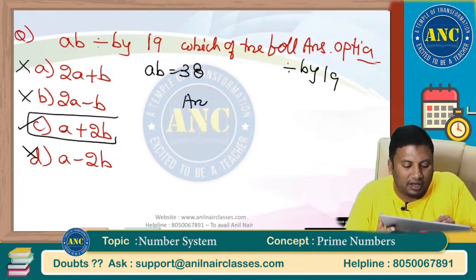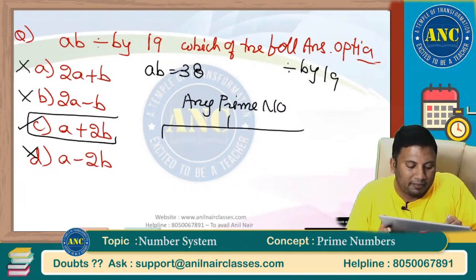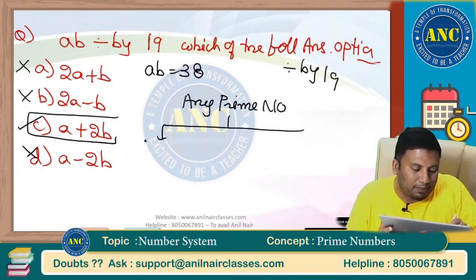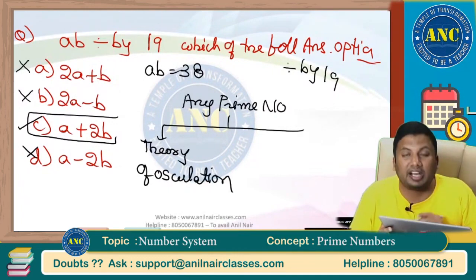The divisibility rule of any prime number can be done in multiple ways. One is you can find the divisibility rule of any prime number using the theory of osculation. As the number of digits increases, the osculation concept will take more time.